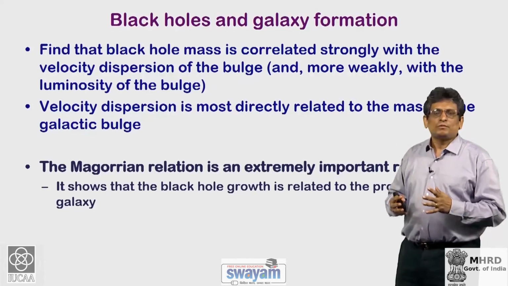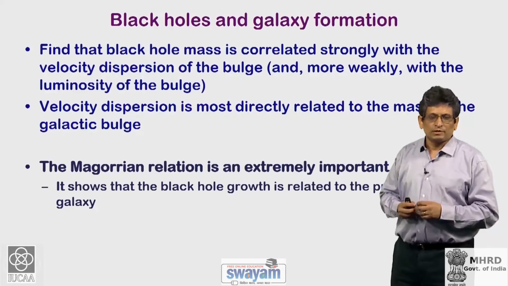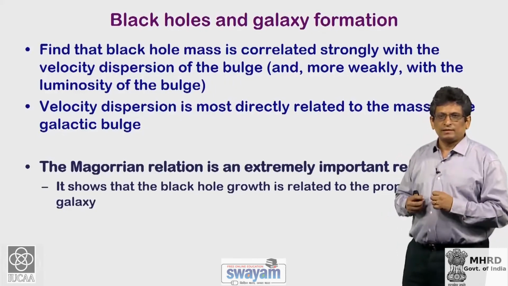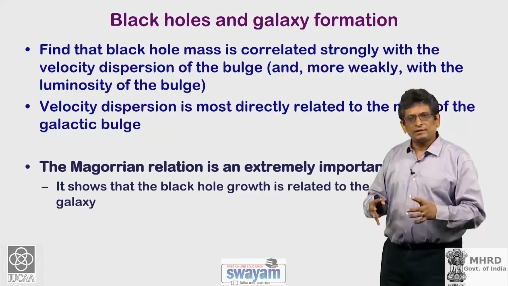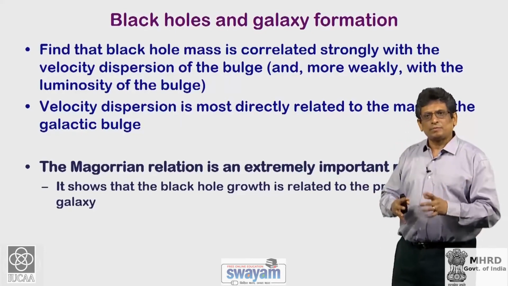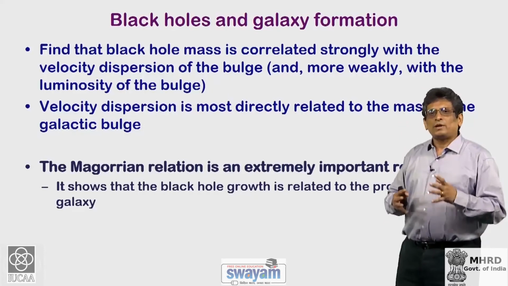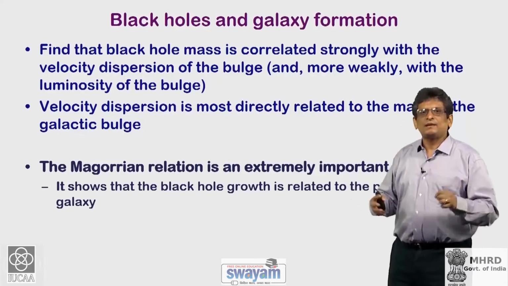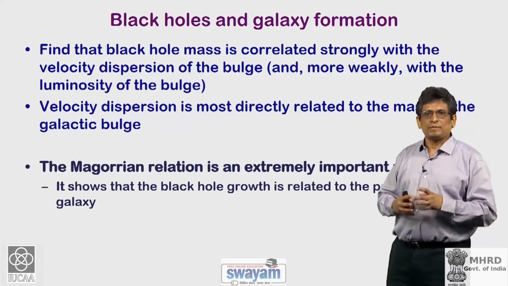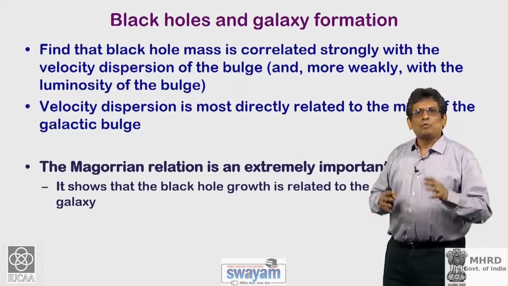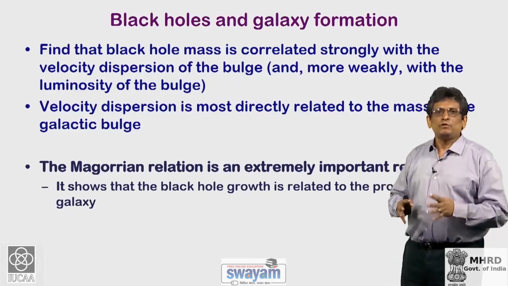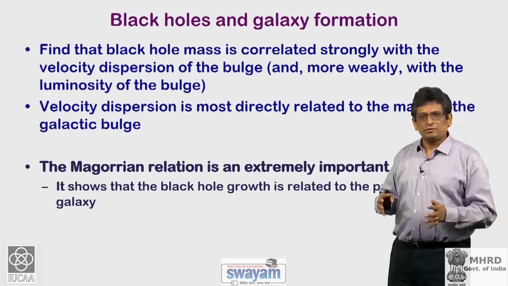We still don't know how these supermassive black holes grow in the middle of galaxies, whether the galaxies form first and then the supermassive black hole grows in the galaxy, or whether the galaxy itself is seeded by the initial supermassive black hole. Whatever the answer is, we know that there's a relation between the two.